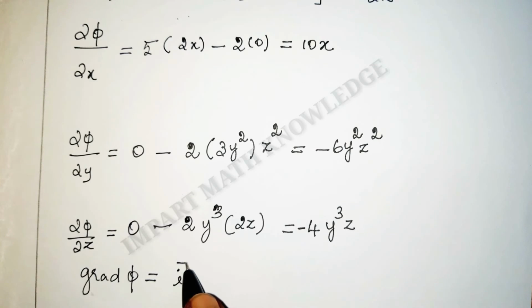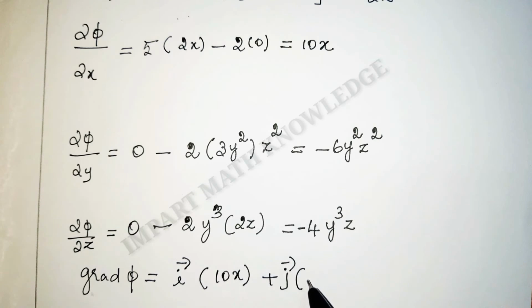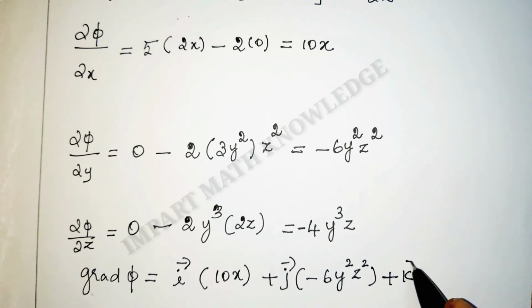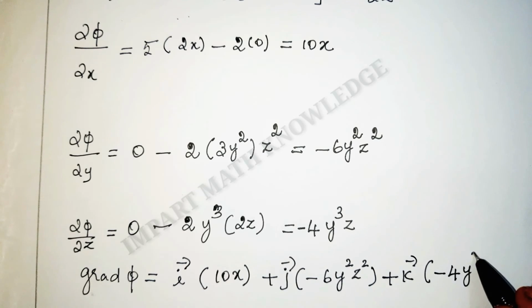That is i vector dou phi by dou x is 10x plus j vector dou phi by dou y is minus 6y square z square plus k vector dou phi by dou z is minus 4y cube z.